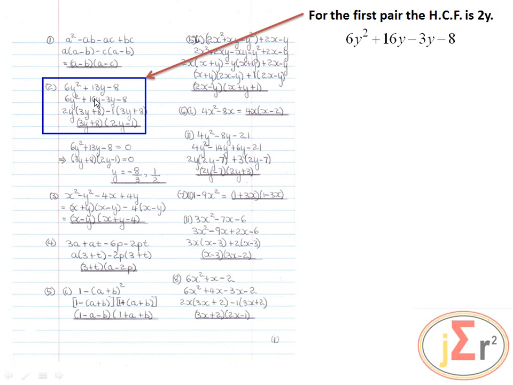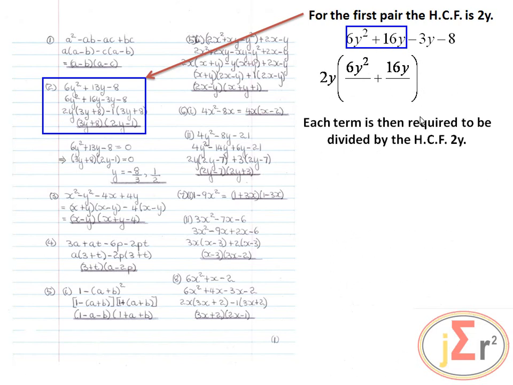So we are factorizing by grouping, taking two at a time. So we need for these two the highest common factor. And the highest common factor of these two is 2y. So we take 2y out as our common factor, and then each term that we have here will be divided by 2y.